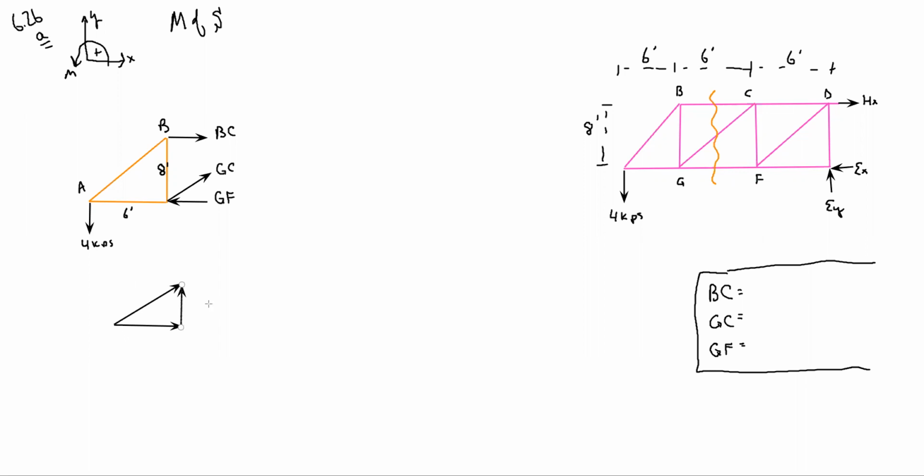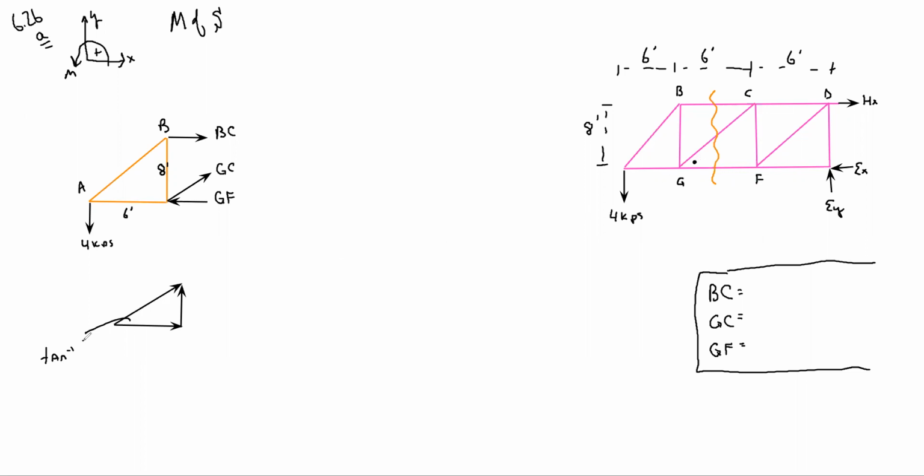So it looks something like that. This angle will be the arctan of opposite divided by adjacent.